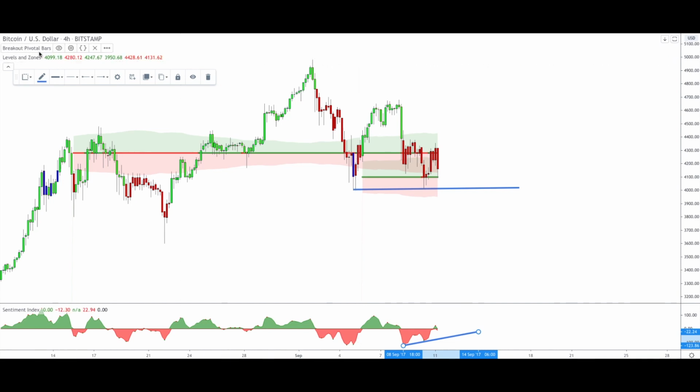So we are using the Breakout Pivotal Bars, which is the one that is coloring the bars, the candles here, and in particular these candles in a downtrend, and these candles are red because in a downtrend we want them to be red.